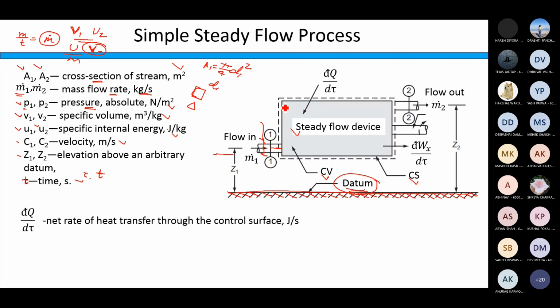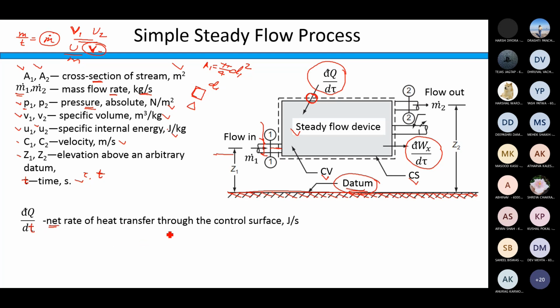Now, what are these two quantities? This one and this. You should note down. So d bar q by dt is nothing but the net rate of heat transfer through the control surface. As I said, this is the interaction happening between the system and surroundings at this control surface.